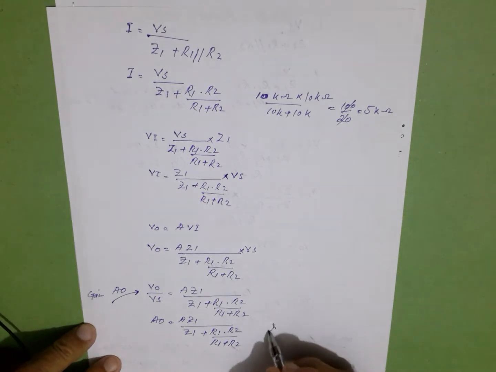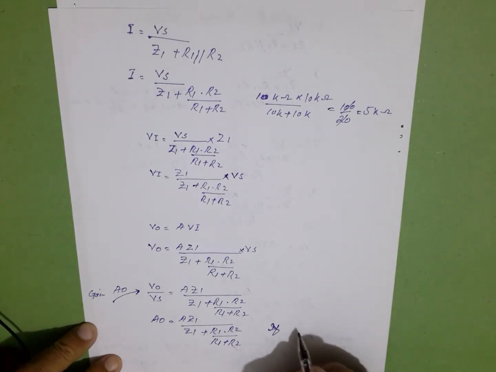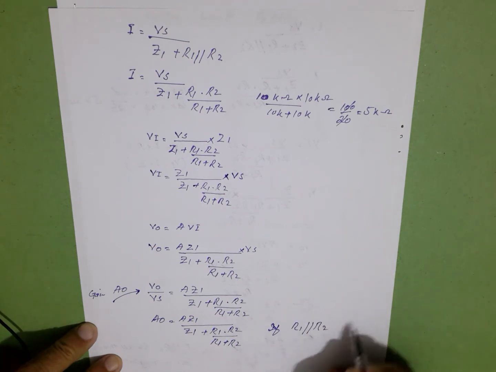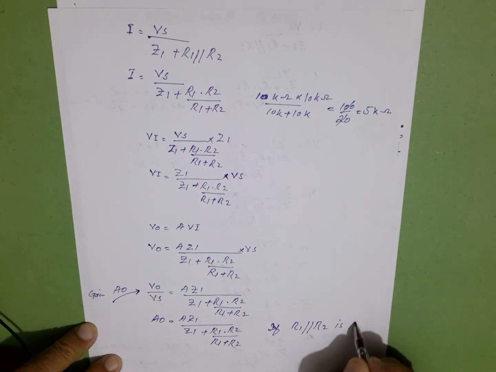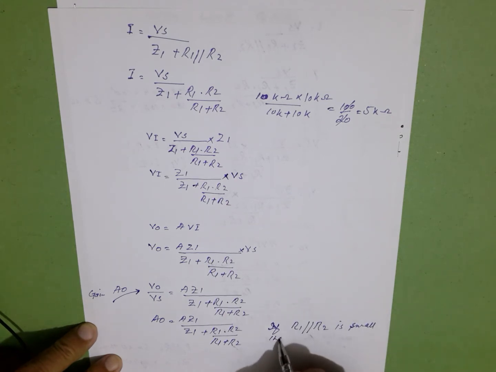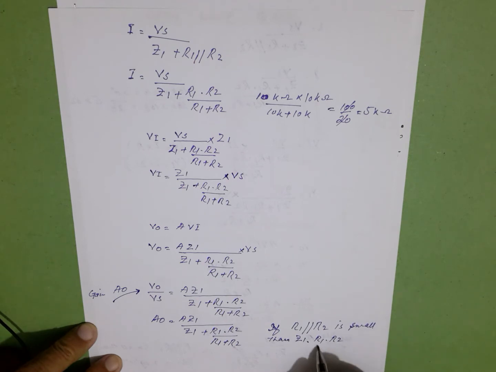If R1 in parallel with R2 is small, then R1 into R2 over R1 plus R2 can be neglected.